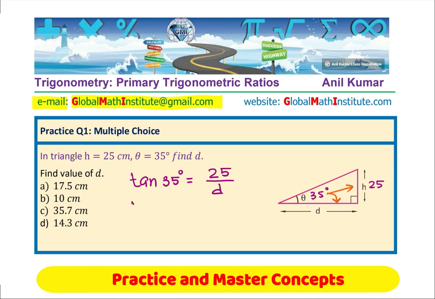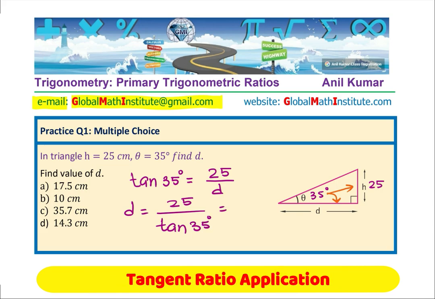And so we can say that D is, cross multiply, right? 25 over tan 35. Use calculator. So we have 25 divided by tan of 35 to give the answer, which is 35.7. So option C is the correct option. Do you see that? So that is how we can easily answer these questions. Perfect.